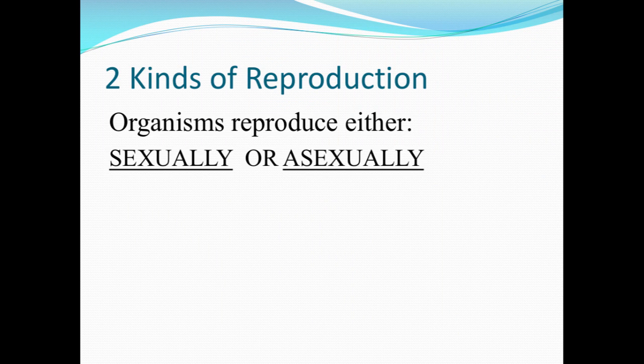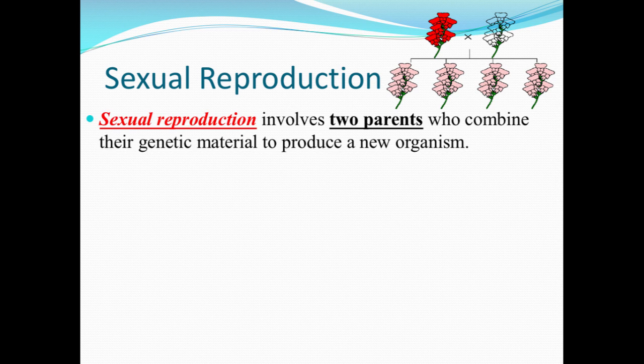So as you know from 6th grade and also from 7th, there are 2 types of reproduction for organisms: sexual reproduction and asexual reproduction. Because we are talking about humans, we are mainly going to focus on sexual reproduction. Remember, sexual reproduction involves 2 parents who combine their genetic material to produce a new offspring.